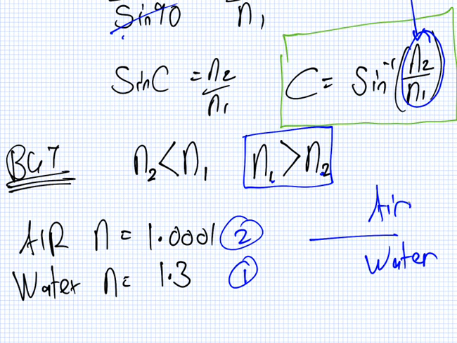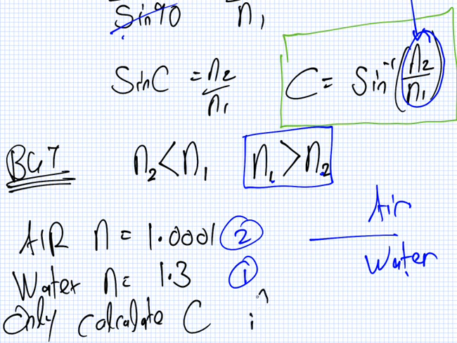So n1 is for, let me show you, this material, the air, and for example here n2 could be for the water. Material 1 and n2 is material 2, yeah.